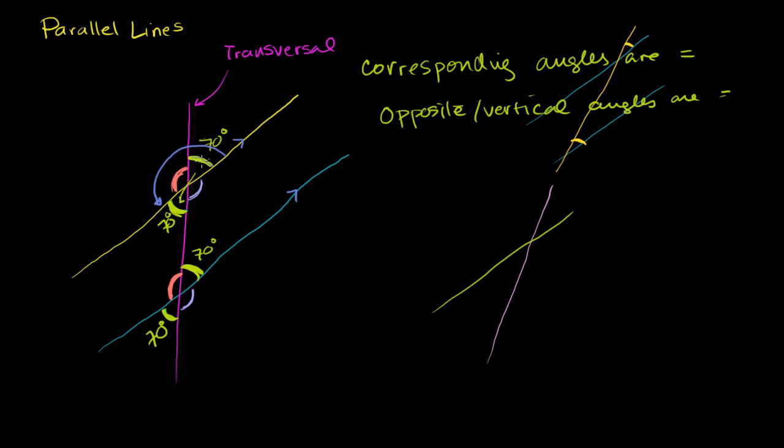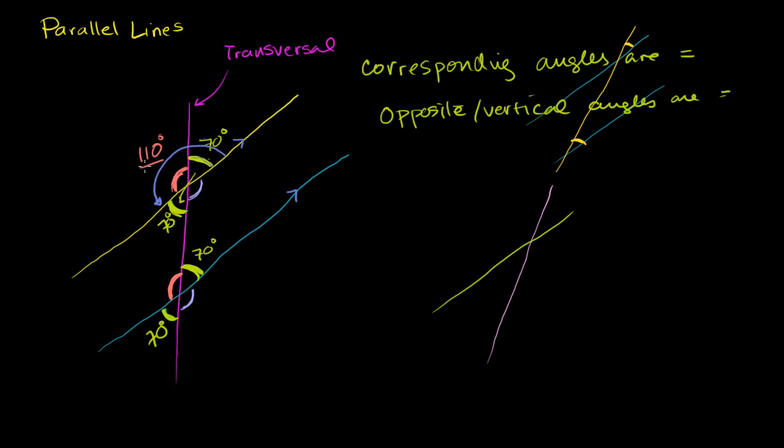So this green and orange angle have to add up to 180 degrees, or they are supplementary. And we've done other videos on supplementary, but you just have to realize they form the same line, or a half circle. So if this right here is 70 degrees, then this orange angle right here is 110 degrees, because they add up to 180.